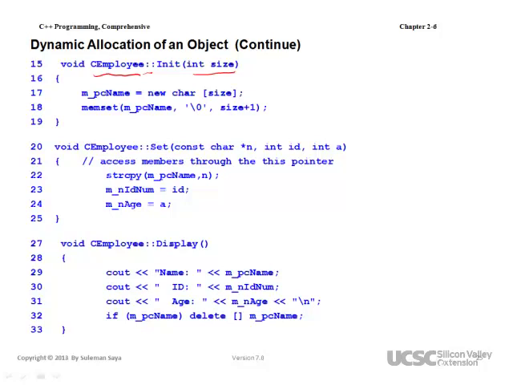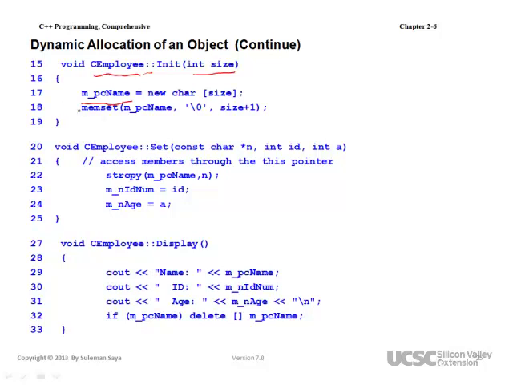And that's how this member function knows where the data members are located in the memory, in this case the data member m_pcName. Otherwise, it would not know. If you want to review the this pointer, please go back to the start of this chapter 2 and review the this pointer.